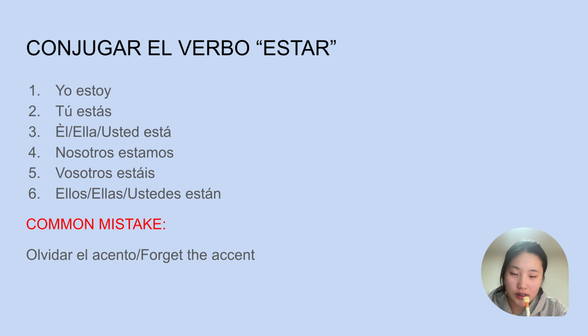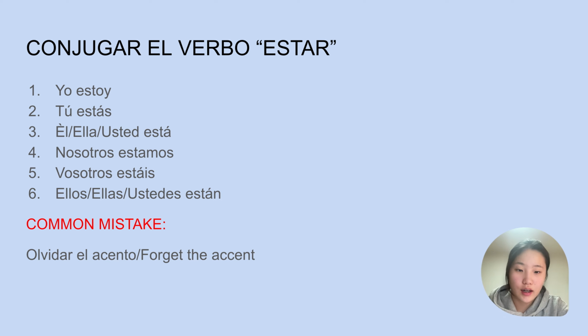Ellos, ellas, ustedes están. Before the common mistake, let me translate it for you. It's just the same idea as the verb ir.